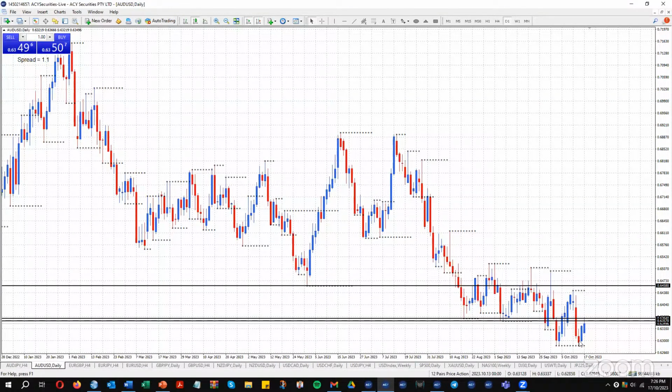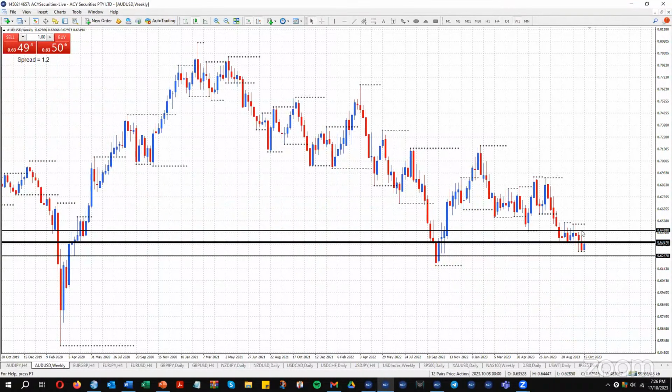We closed below it last week, but we may come back above it because you can see we've been below it, back above it, below it, back above it. We could still come back above it before moving back down. And last week's candle, very negative candle. We pretty much had equal highs the last 2 weeks, finishing very negative down. We've got monthly support down here at 62.47.